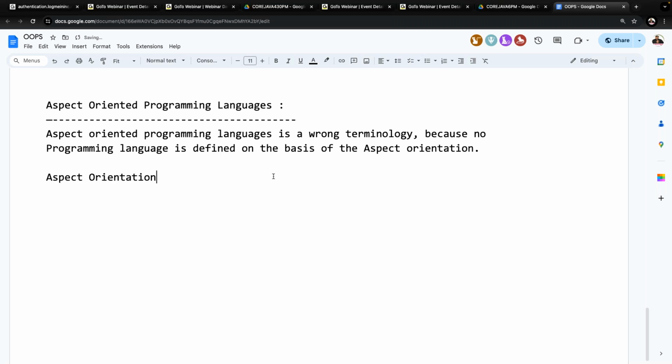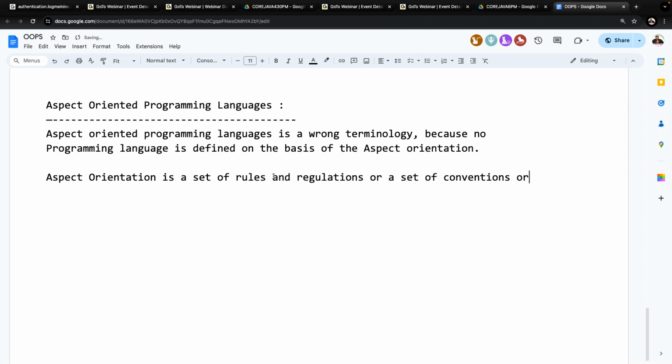Aspect orientation is a set of rules and regulations, or a set of conventions.